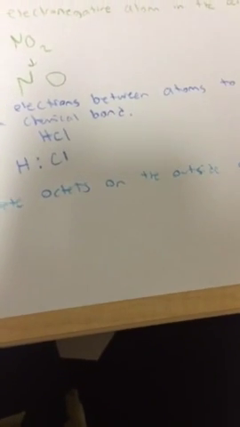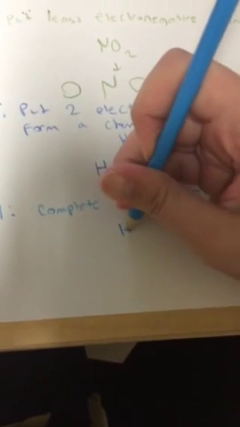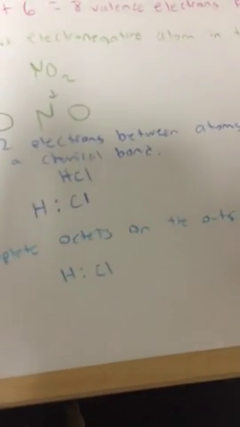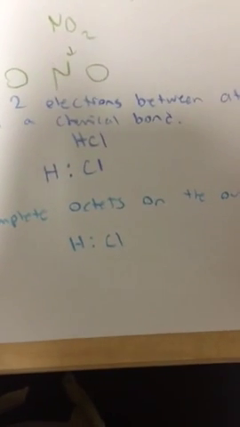So sticking with hydrogen chloride, we have 1 for hydrogen and 7 for chlorine.